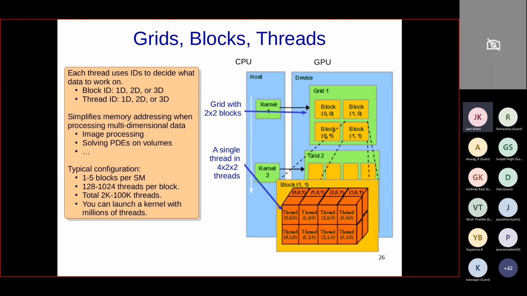So that's what I was trying to say. 1 to 5 blocks are assigned to a particular streaming multiprocessor, and there might be 128 to 1024 threads in a particular thread block, and in total your application might have some 2k to 100k threads, and these are typical numbers. This is what is generally observed, and we can see that we can launch a kernel with millions of threads.